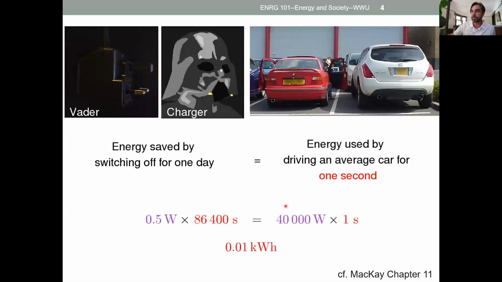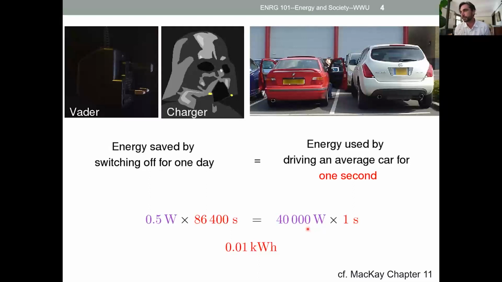But in general, your car is much less than that. You're burning about 40,000 watts when you're accelerating. And so accelerating for 1 single second, power times time equals energy, is the equivalent of leaving your cell phone charger plugged in all day. So driving a car for 1 second equals the amount of energy of leaving your charger plugged in.